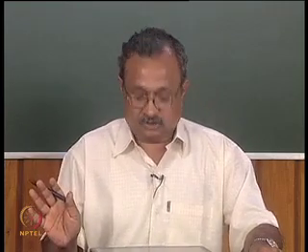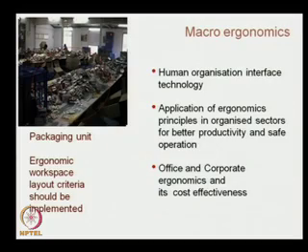Now, macroergonomics. Macroergonomics is the organization, human organization interface technology. This is the fourth level of ergonomics. Application of ergonomics principles in organized sectors for better productivity and safe operation, office and corporate ergonomics and its cost effectiveness is under this macroergonomics area.